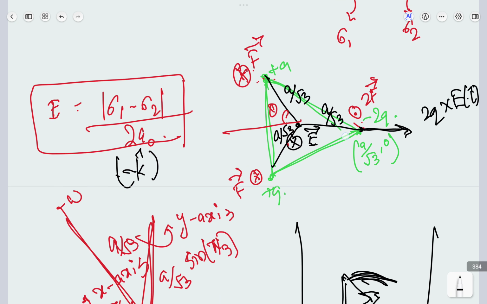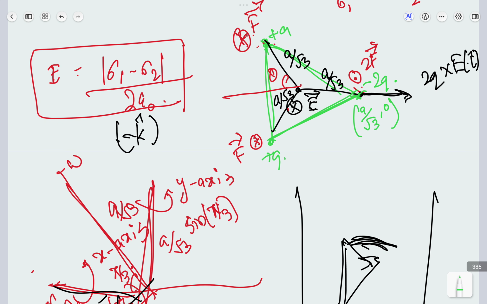It's just this trick of taking this net dipole and converting it into something else. So you can just take the net 2QE from here, and QE times a by root 3 twice times cos pi by 3.